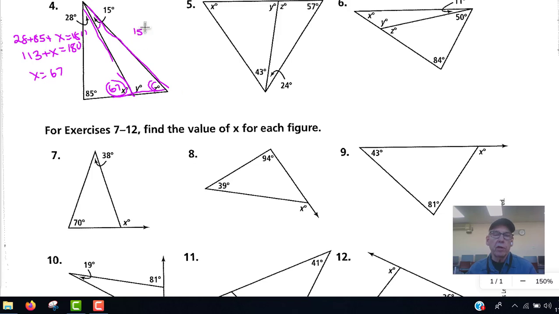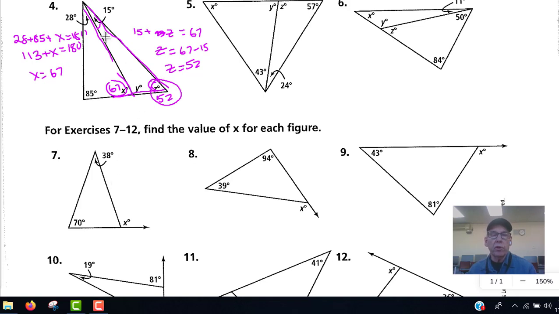So we have 15 plus z equals 67. So z is going to be 67 take away 15, which is going to be 52. So the measure of z is 52 degrees.